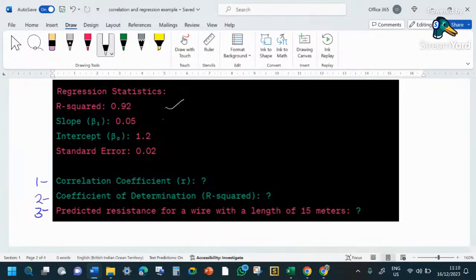And also given are the slope and intercept. These are what you need. And you're going to solve for the correlation coefficient. You're going to solve for the coefficient of determination. And you're going to predict the resistance of a wire with a length of 15 meters. So will it have a high resistivity or low?